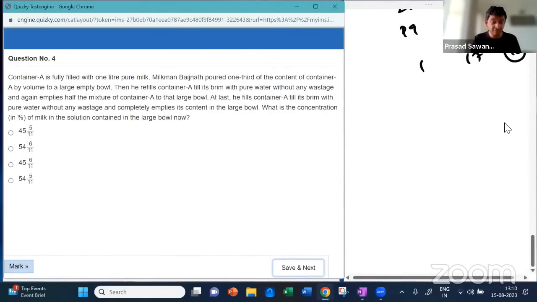Container A is fully filled with 1 liter pure milk. 1/3 of the container is emptied into a large bowl, refilled till its brim without any wastage, and again half the mixture of container A is emptied into the large bowl. Okay, let's see. 1 liter is pure milk, then 1/3 replaced with water.